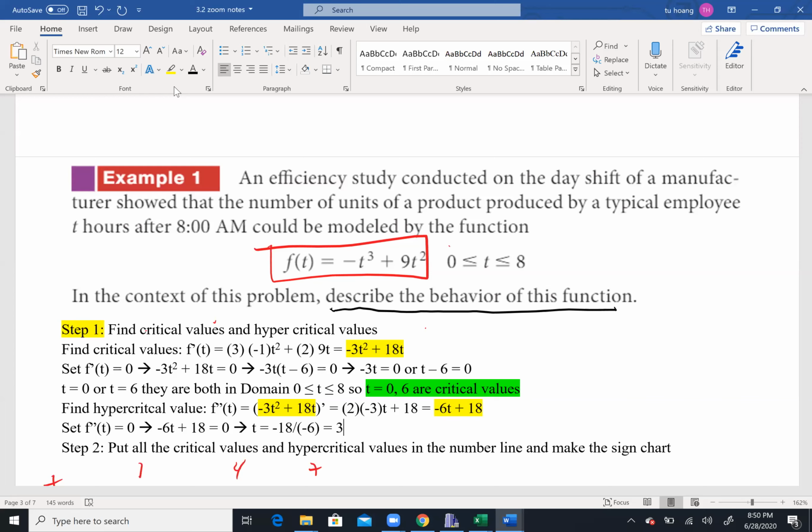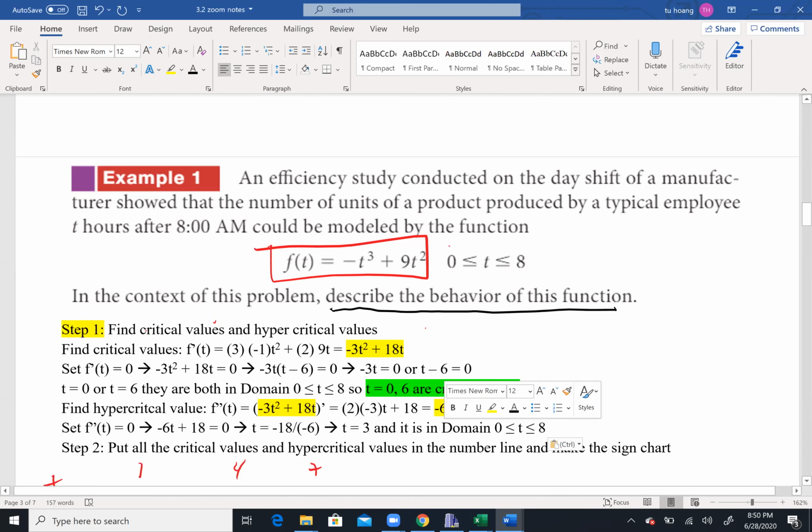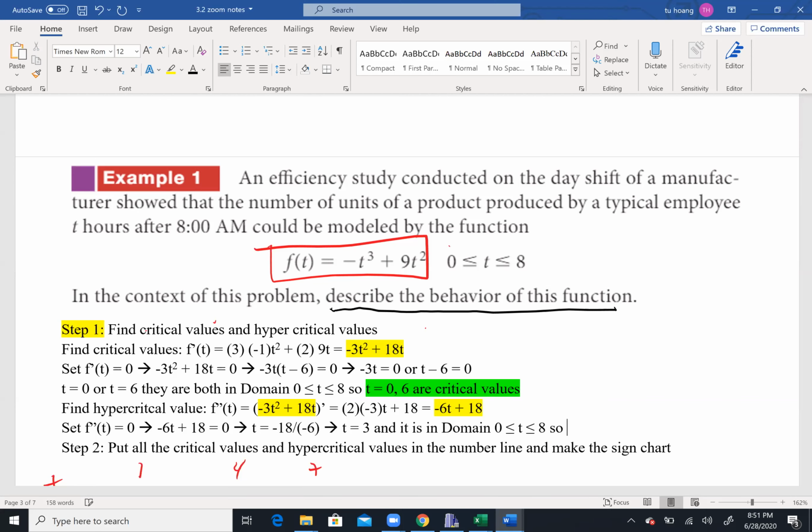So I'm going to just write this: t equal to 3, and it is in the domain of the function f(t), I mean. So t equal to 3 is the hypercritical value, right?